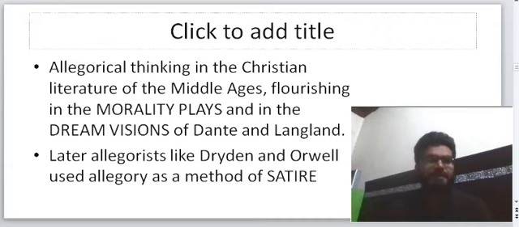And after them we have allegorists, artists, writers who used allegory in their works, Dryden and Orwell. So they used allegory as a method of satire in order to criticize certain aspects in society.